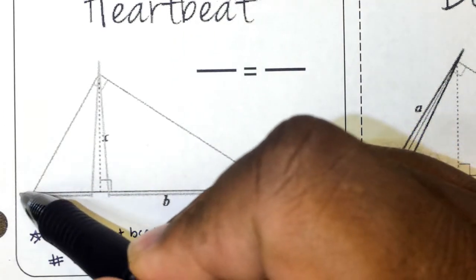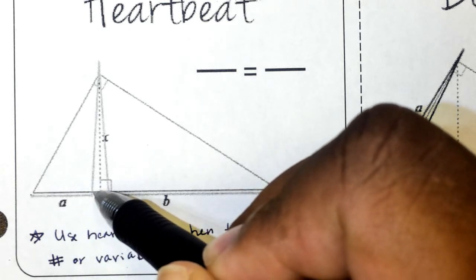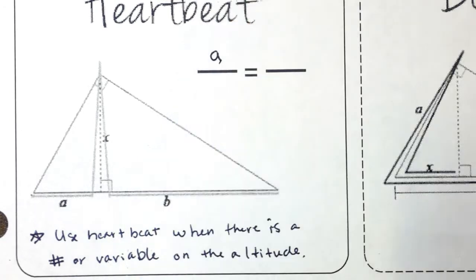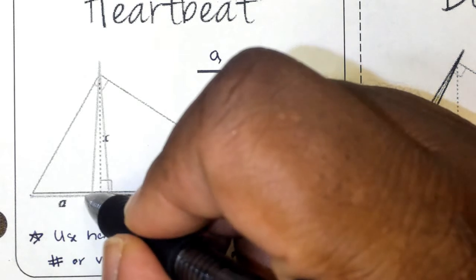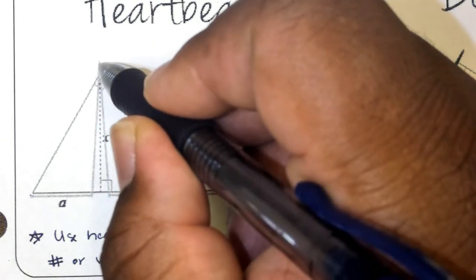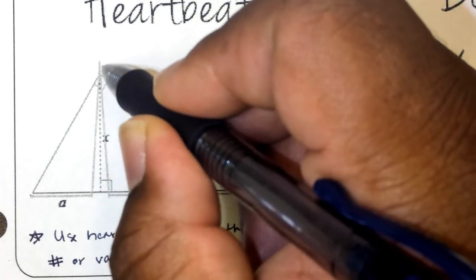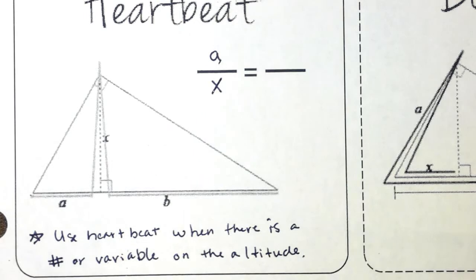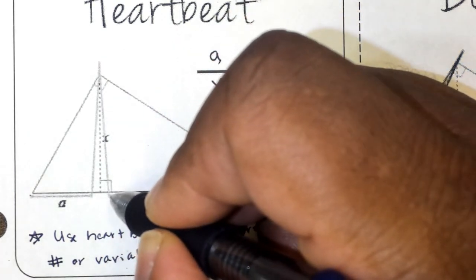Left to right, I'm going across the bottom here, going across A. So since I go across A first, that's what I'm going to write first, up in this top left of my proportion. A. Then I go up the altitude. I travel up the altitude, I pass by X. Since I go up the altitude and I pass by X, I'm going to write an X. Then I come down that altitude again, I pass by X again.